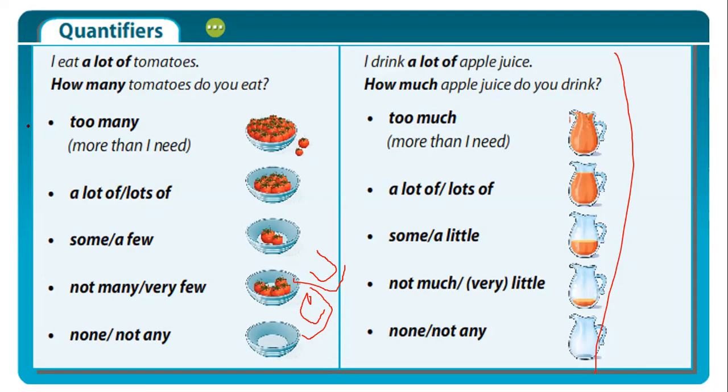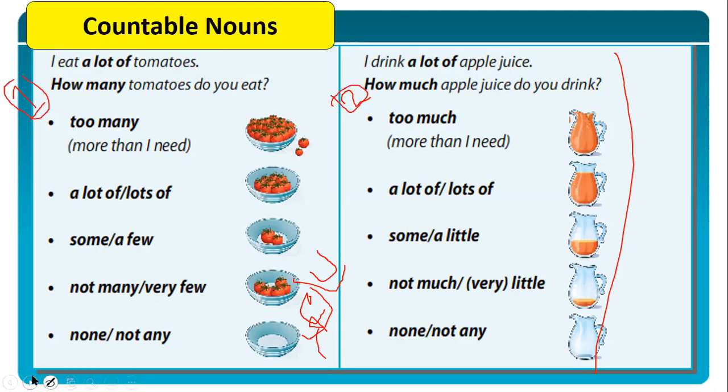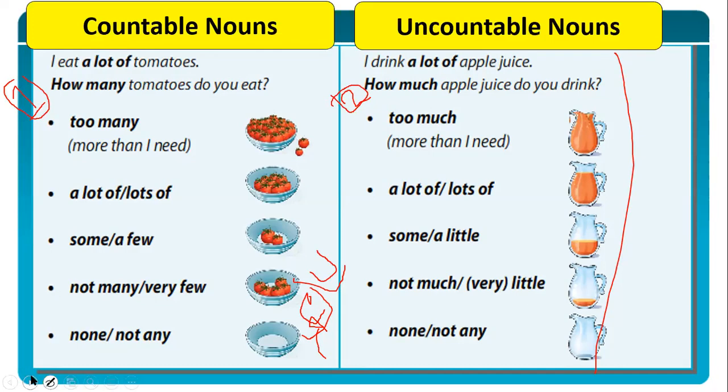So I have column number 1, column number 2. Okay. What column do you think is countable? Number 1, exactly, number 1. Okay. And this one would be number 2. Sorry, uncountable. You have it in your book, on page 127.